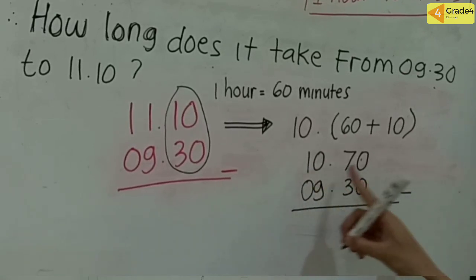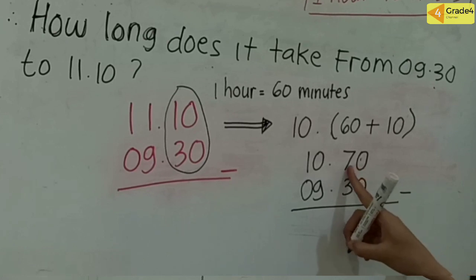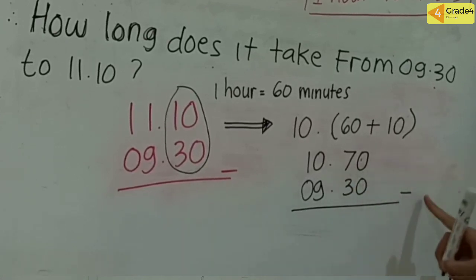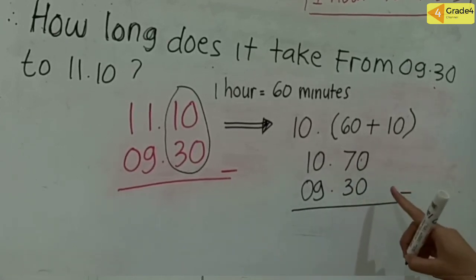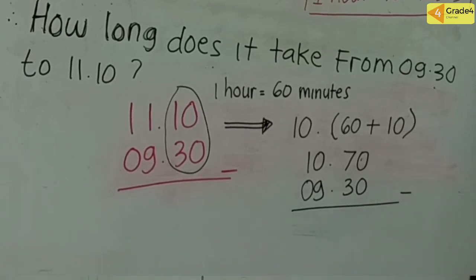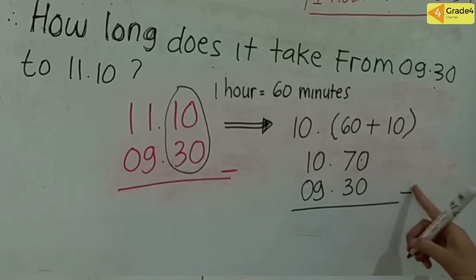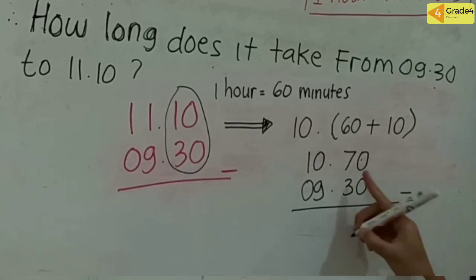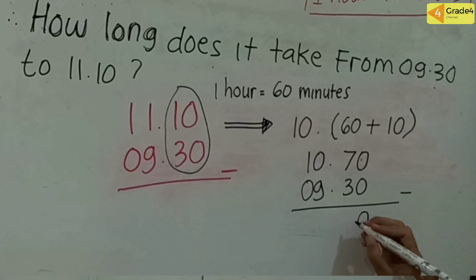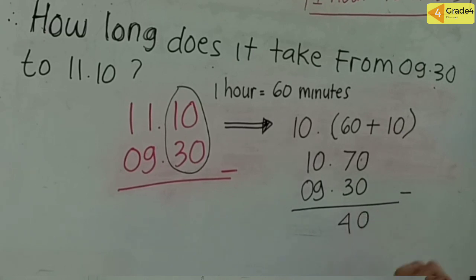So we can calculate 70 minutes minus 30 minutes. We can write 0 minus 0 is 0, and then 7 minus 3 is 4.